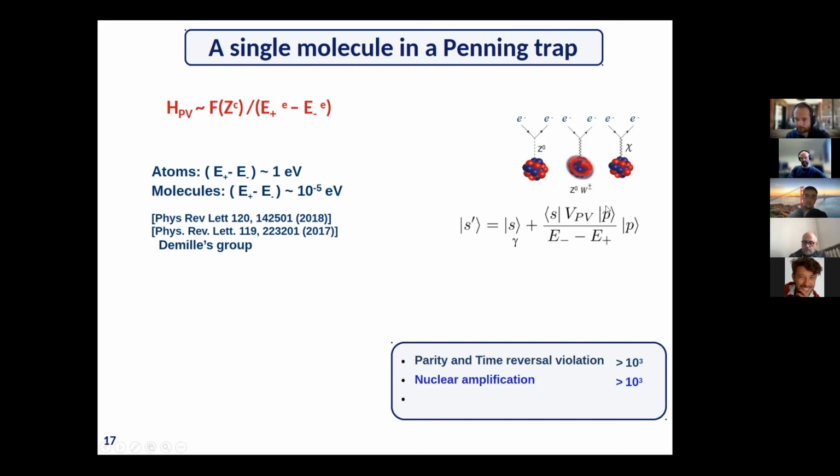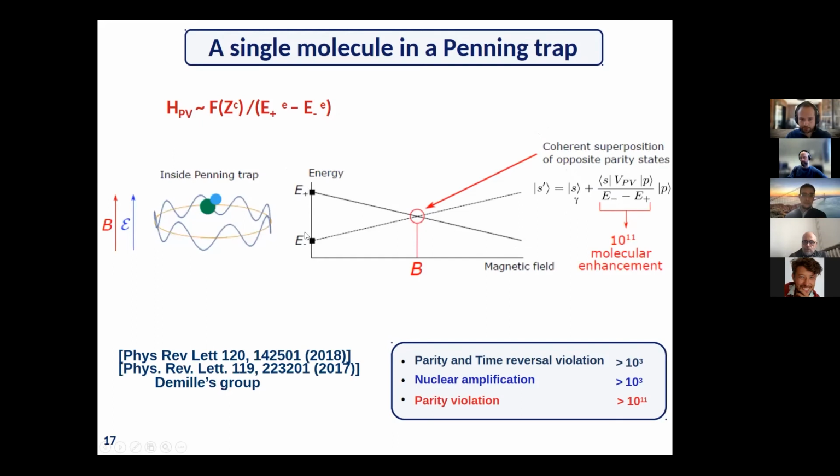And this provides an advantage because you amplify this term by many orders of magnitude compared to atoms. So then they are already so close in energy that you can actually apply a magnetic field and bring these two states close to zero, right? Close to the same energy.